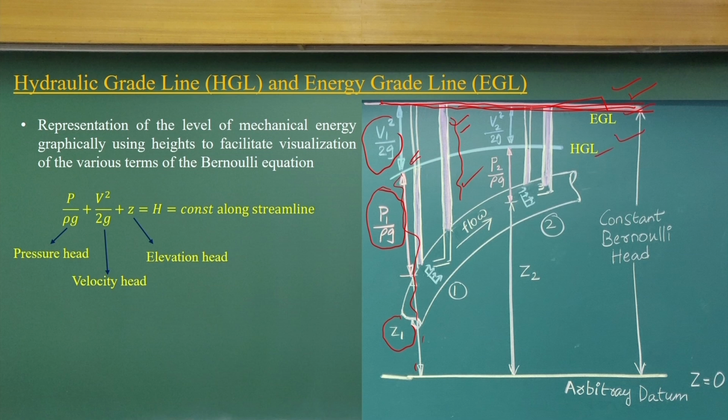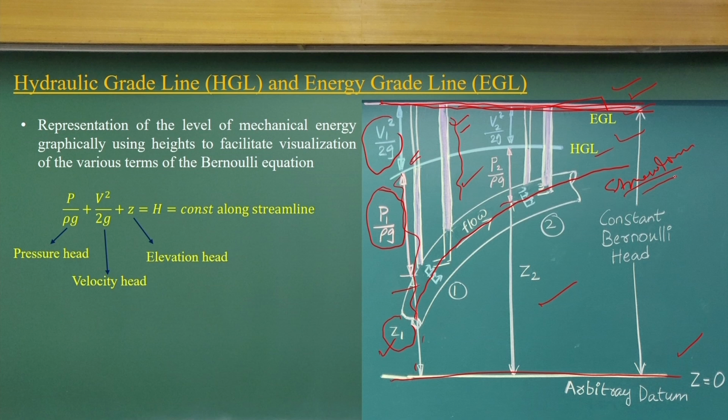Many times you can consider a datum from where you can compute Z1, Z2, the elevation heads. That means we define a streamline, and then we are drawing the energy gradient lines for this streamline.